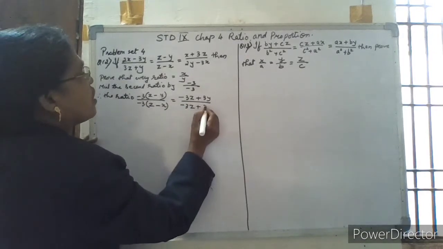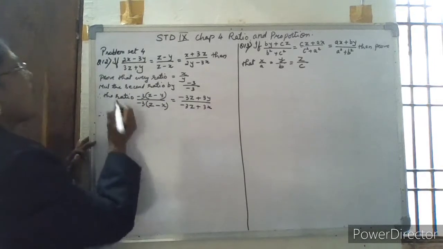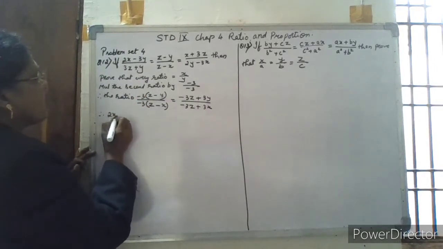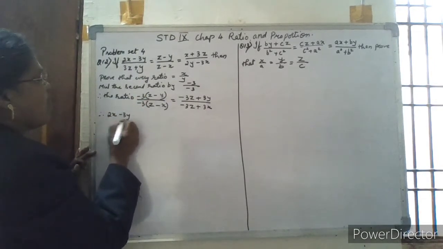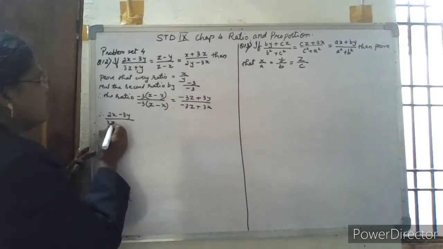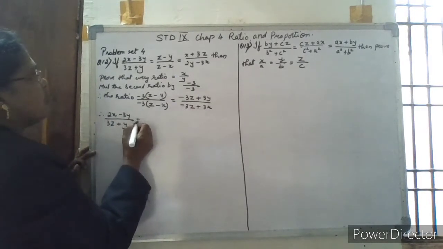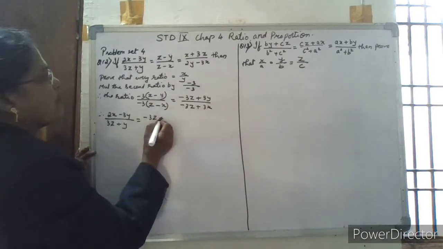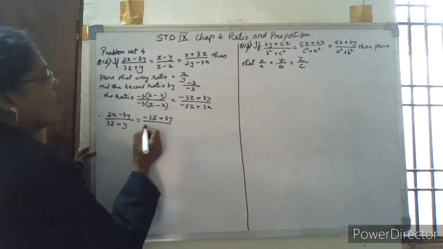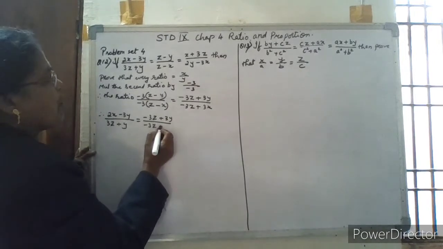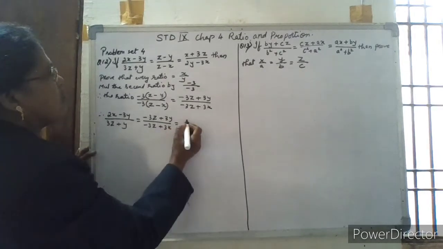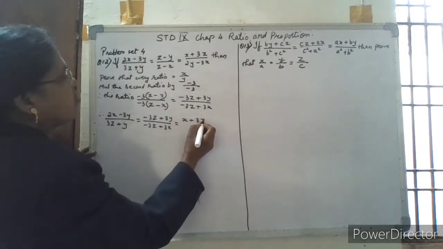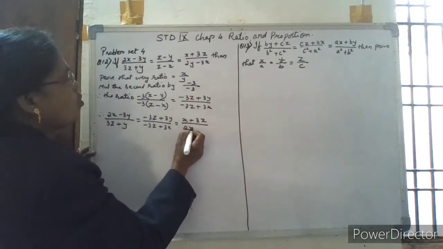Therefore, we now have the ratios as (2x - 3y)/(3z + y) is equal to (-3z + 3y)/(-3z + 3x) is equal to (x + 3z)/(2y - 3x).